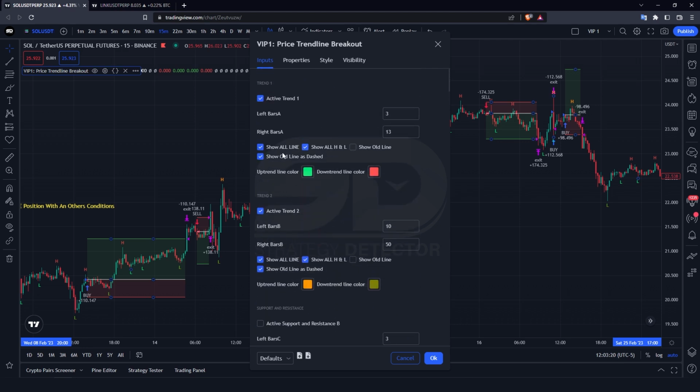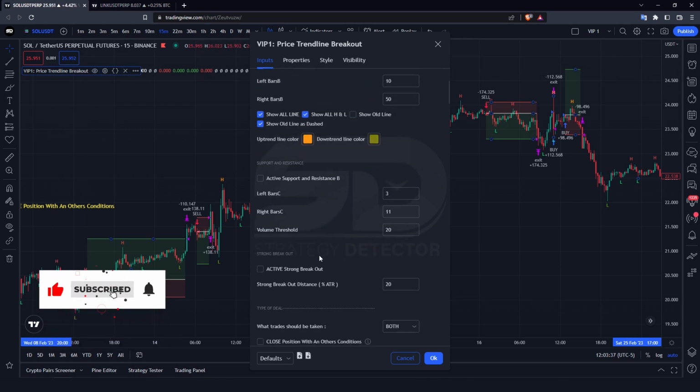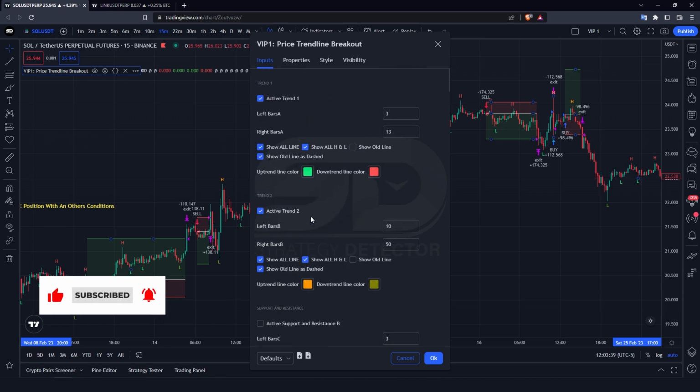And this strategy that now you see here is VIP 1, Price Trendline Breakout. And it is using these settings that I explained to you in my previous videos. Our first trend line creates smaller trend lines by identifying small pivots and enters a position with breakouts.